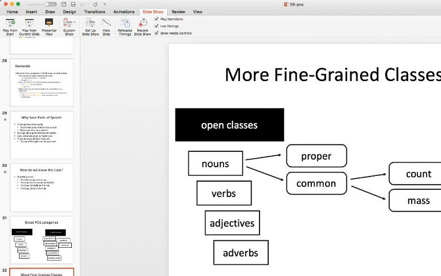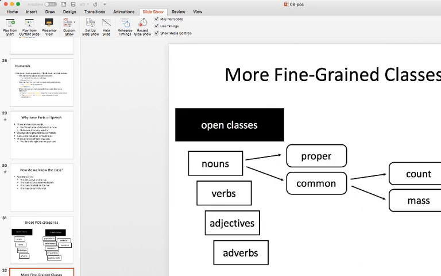So we have a superclass nouns that has the most general test. Then we have two subclasses, proper and common, that inherit from that class. And then within common, we have count and mass. So we talked about how you can say the dog, the dogs, but you can't say the informations. So information is a mass noun.